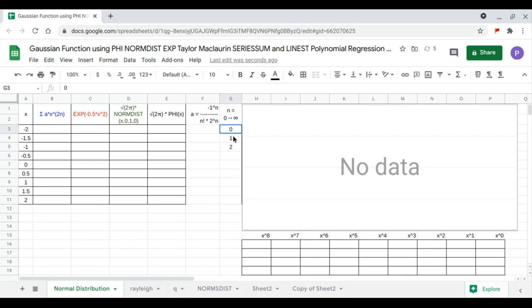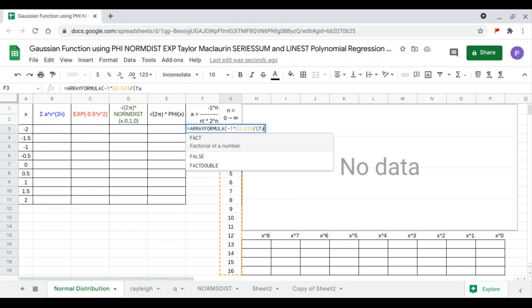So in this case, we can go as far as 16, which is good enough. And the coefficient will be equal to our formula: minus 1 raised to the power n all over the quantity factorial n.